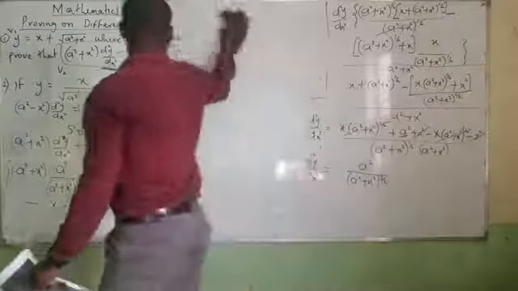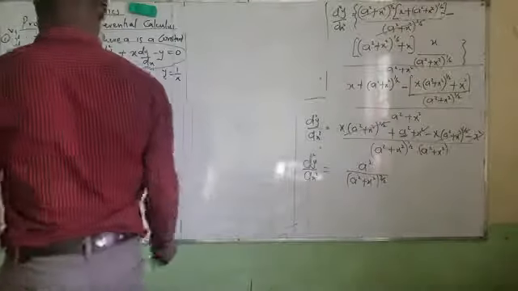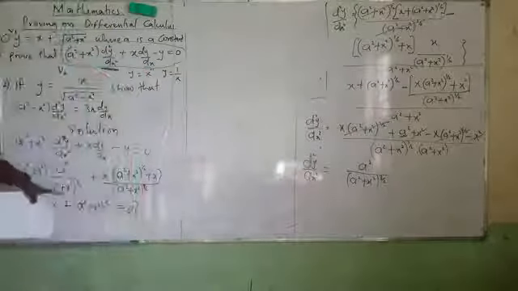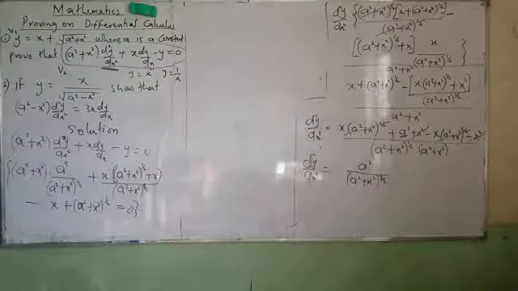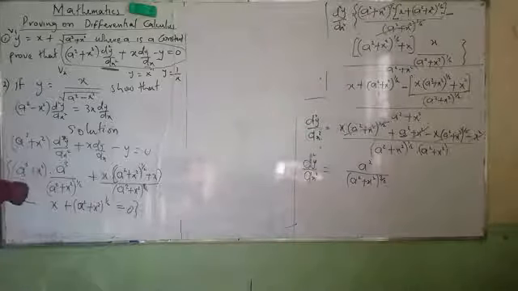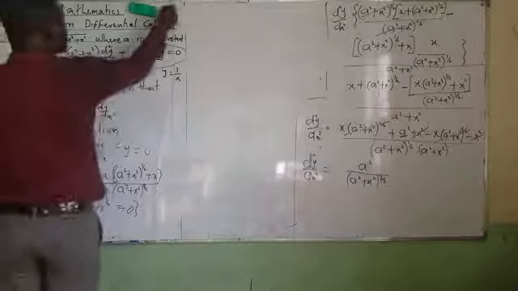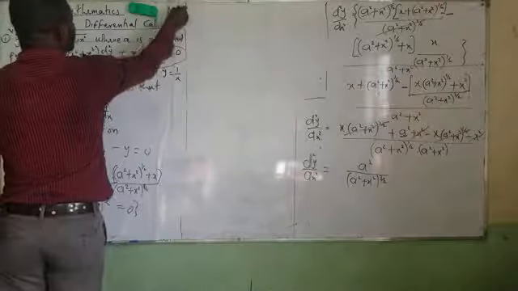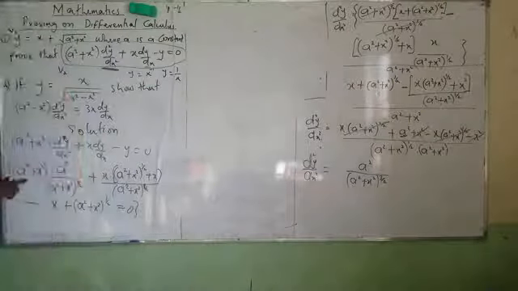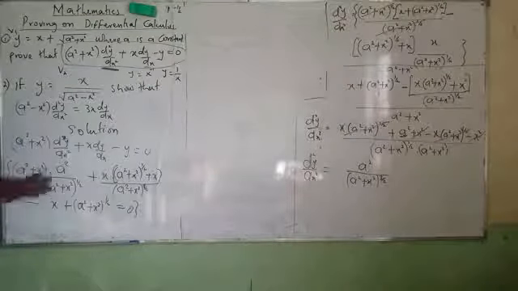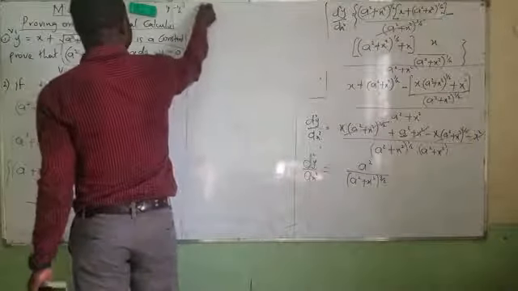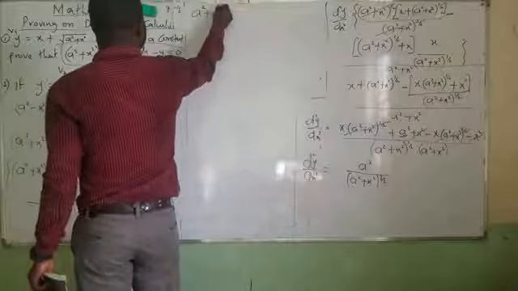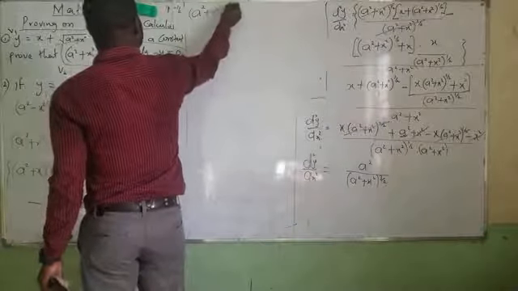Now, what I just need to do at this point is that, look at this and this. We have 1 all over 2. It means I'll be having 1 minus 1 over 2, because they are the same base. I will be having a squared plus x squared bracket of 1 minus 1 all over 2.